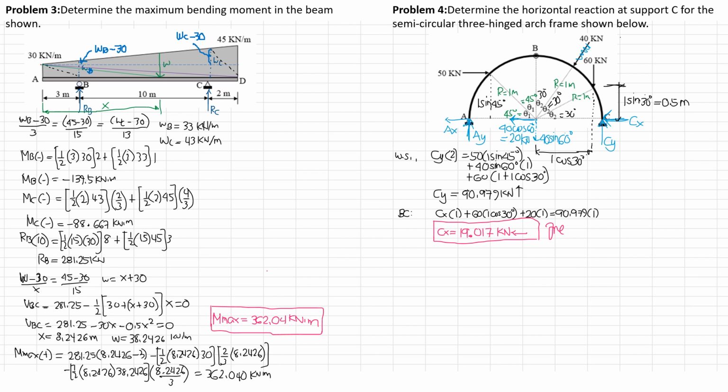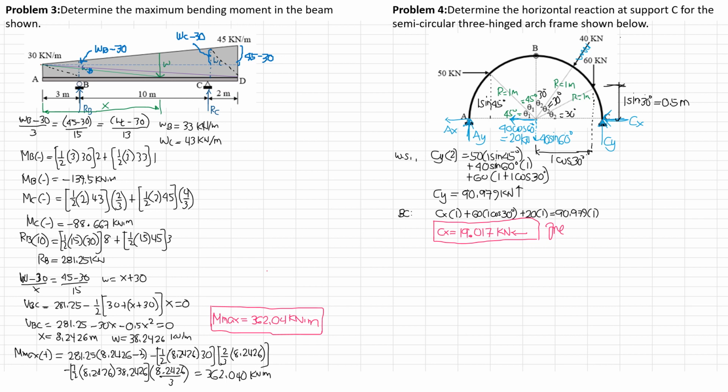So by similar triangles, WB minus 30 is to 3 meters equals 45 minus 30 is to 15. So this is 45 kilonewton per meter minus 30, or simply 15 is to 15, since 45 minus 30 over 15 is 1 times 3, so 3 plus 30, 33. WB therefore is 33 kilonewton per meter, and we equate it further to WC minus 30 is to 13, so WC is 43 kilonewtons per meter.